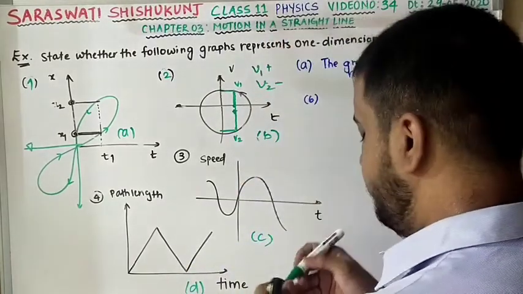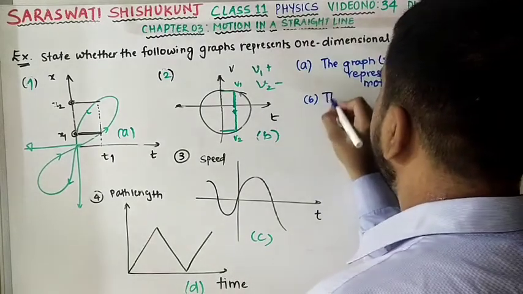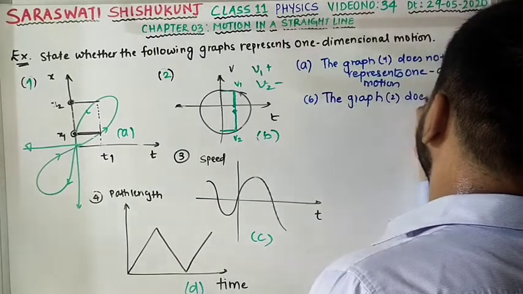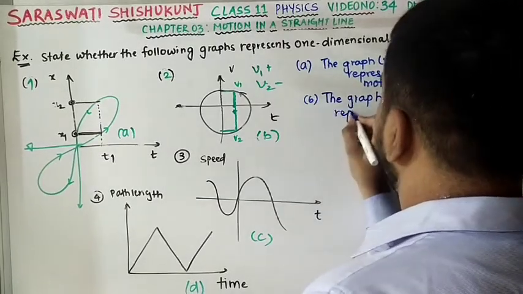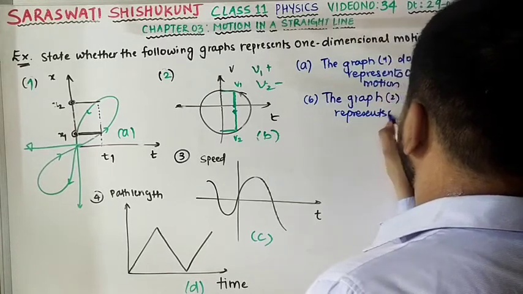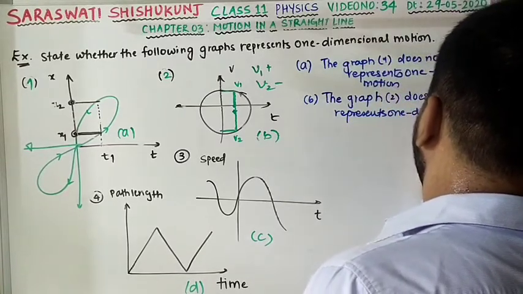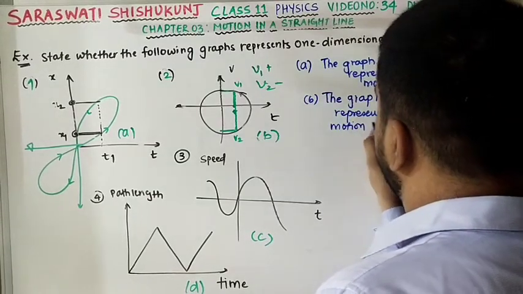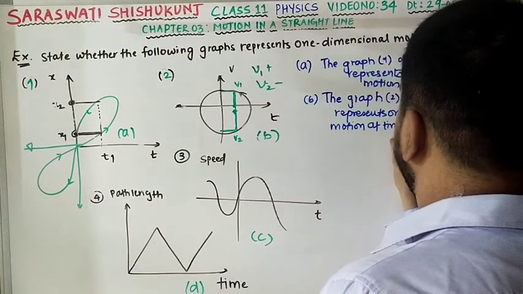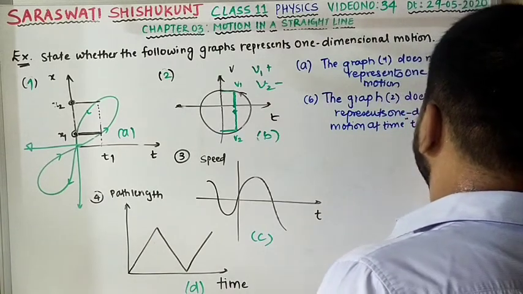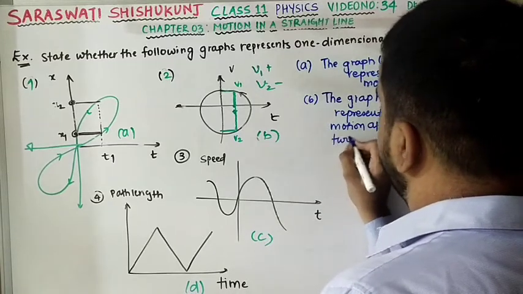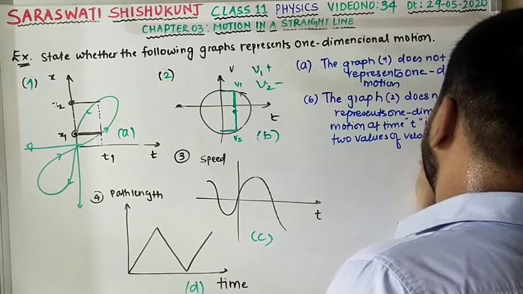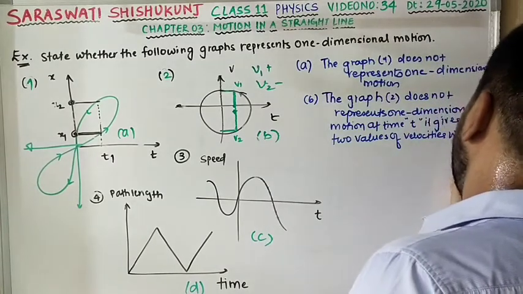So what can you write over here? The graph 2 does not represent one-dimensional motion as at time t it gives two values of velocities, which is not possible.